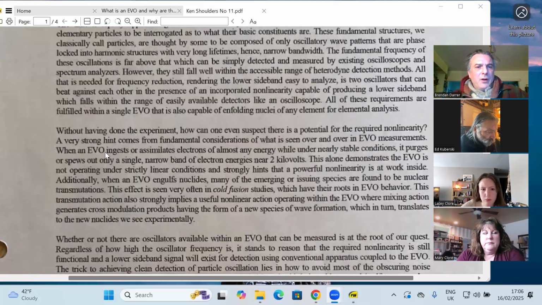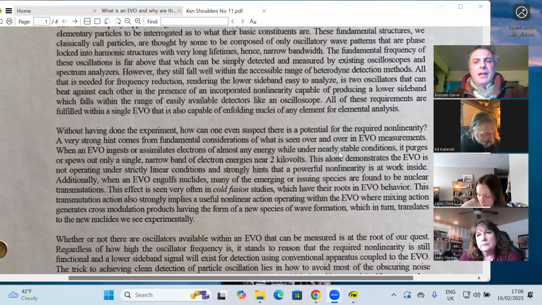When an EVO ingests or assimilates electrons of almost any energy while under nearly stable conditions, it purges or spews out only a single narrow band of electron energies near 2 kilovolts. This alone demonstrates the EVO is not operating under strictly linear conditions and strongly hints that a powerful non-linearity is at work inside.